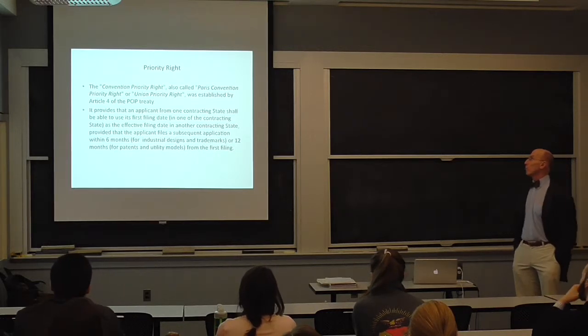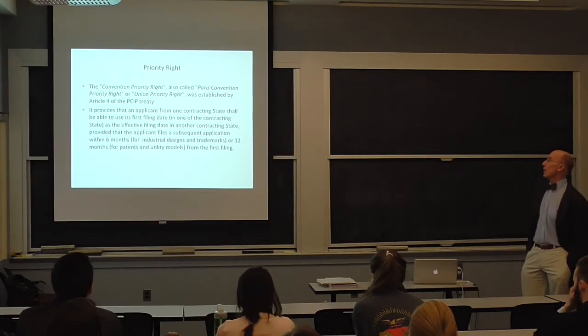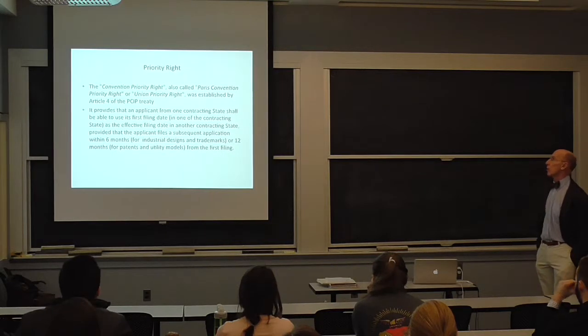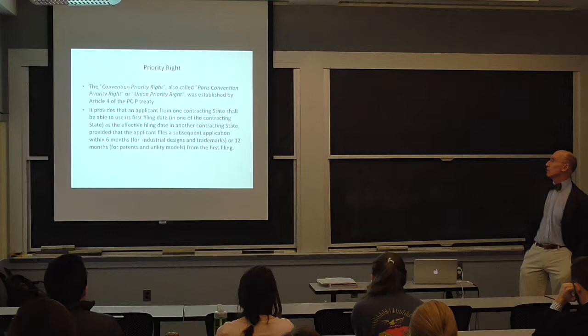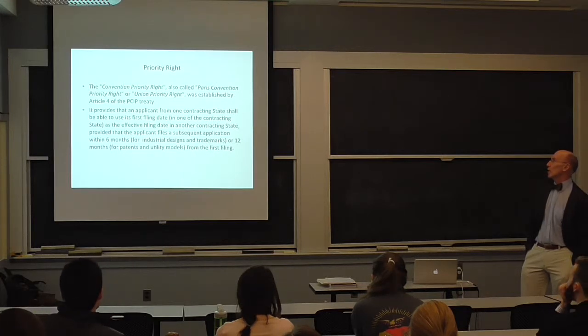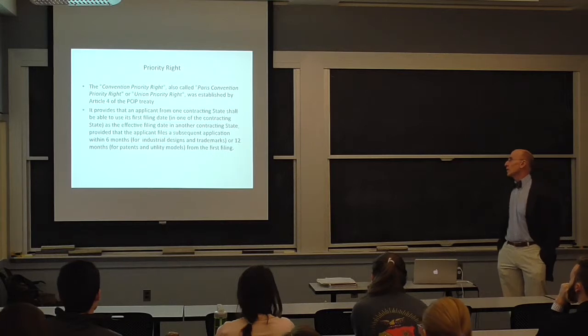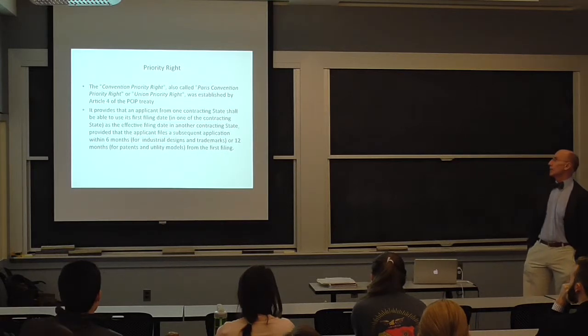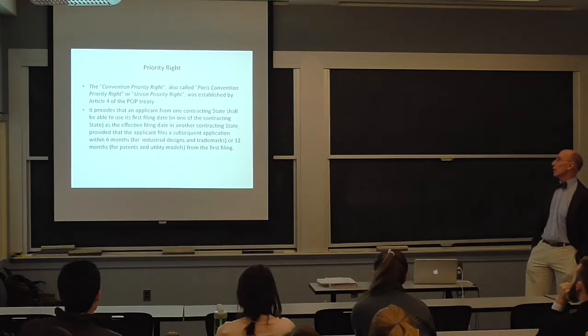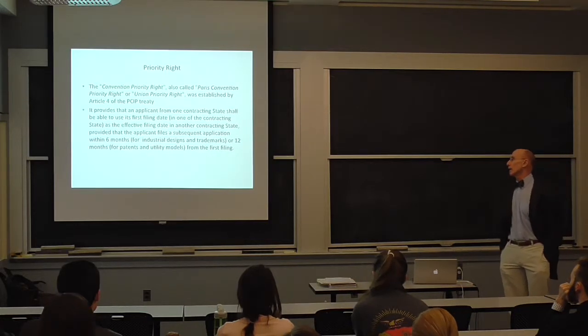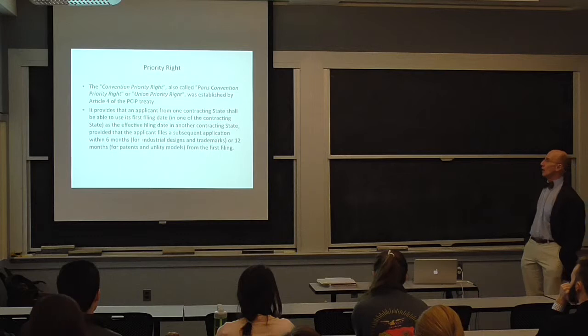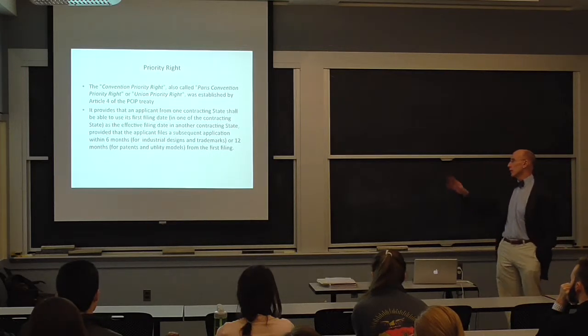The convention priority right, also called Paris Convention priority right or Union priority right, was established by Article 4, and it provides that an applicant from one contracting state shall be able to use its first filing date in one of the contracting states as the effective filing date in another contracting state, provided that the applicant files a subsequent application within 6 months or 12 months for patents and utility models.